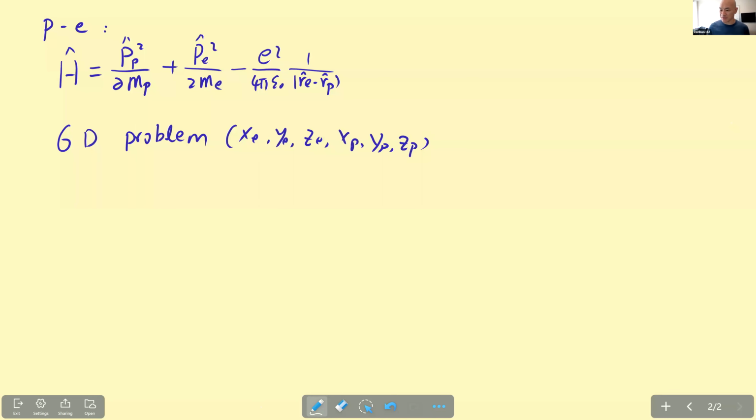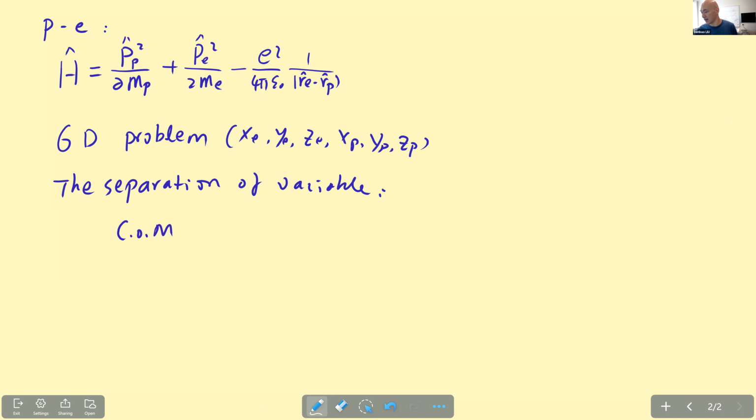But in classical mechanics, we already know that there is the separation of variables that we can do, right? Again, because of symmetry. So we can have the center of mass and relative motion, right? Okay.